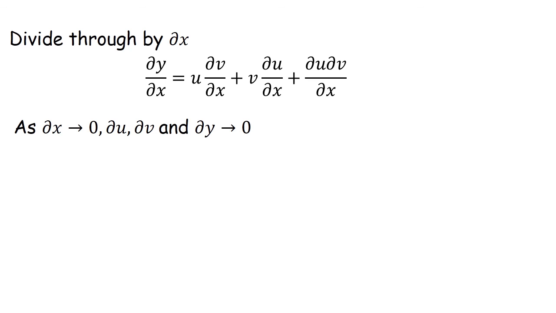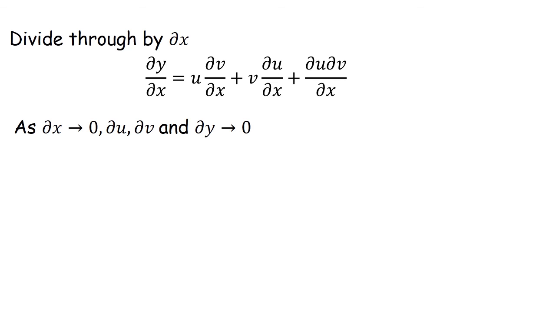However, change in y over change in x will tend to dy dx. Change in u over change in x will tend to du dx, and change in v over change in x will tend to dv dx.